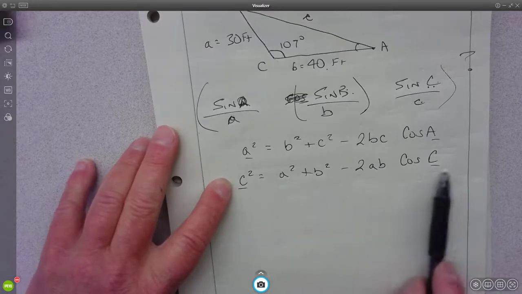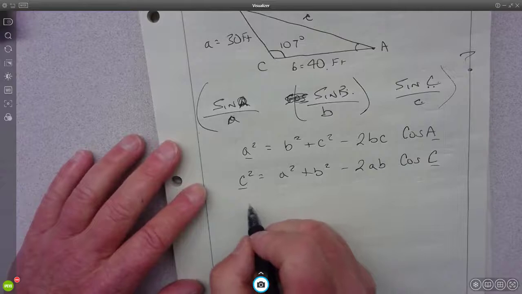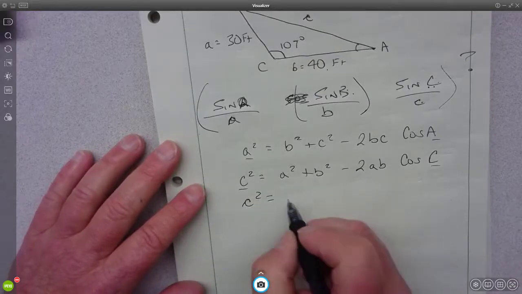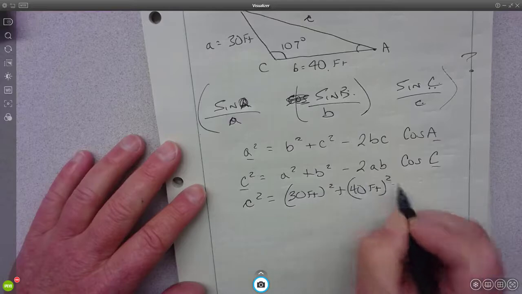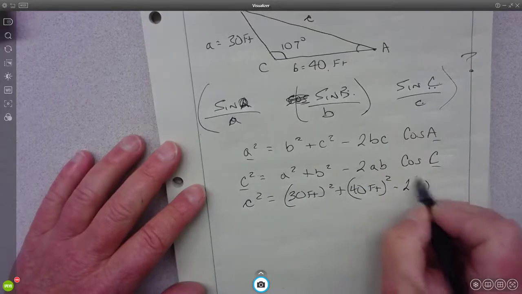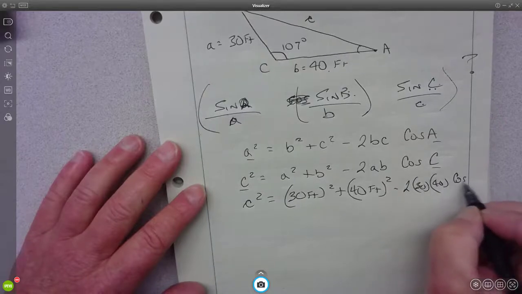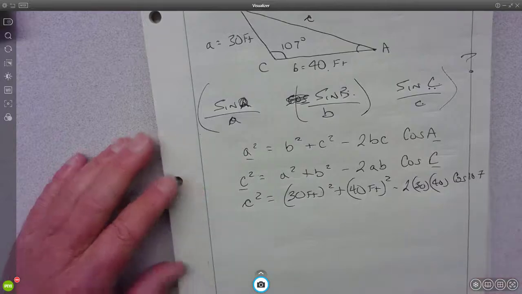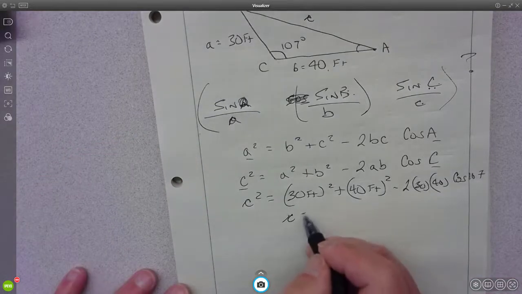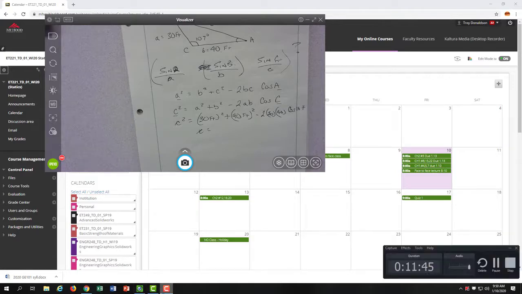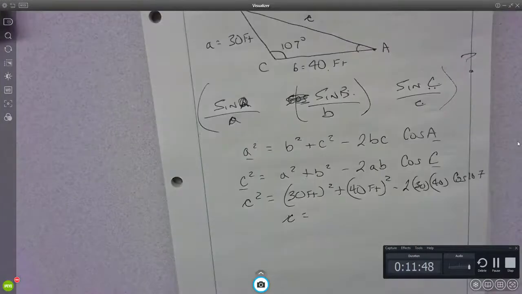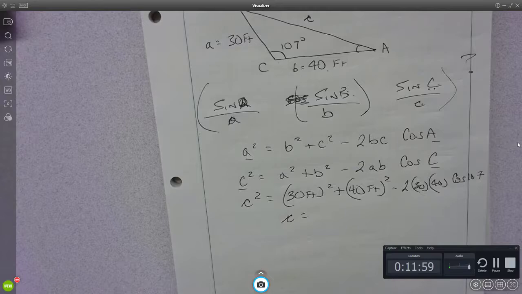Because I know A, B, and angle C. These are all just numbers. Calculate your number, take the square root of it, you got it.